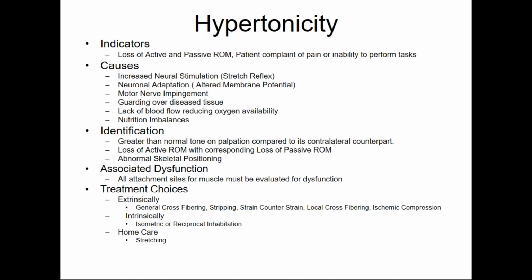And local cross-fibering is simply friction, but applied to a very specific small area, and there's always tension pushing up into the segment of hypertonicity when you're doing local cross-fibering. And intrinsic techniques, again, we'll cover it next class. So you may have any questions about hypertonicity?